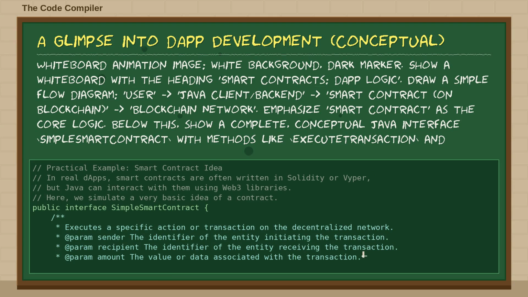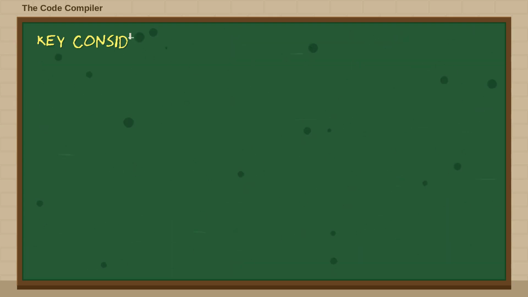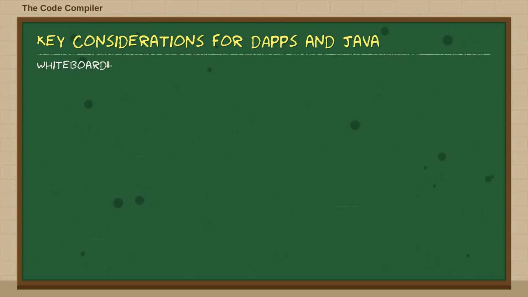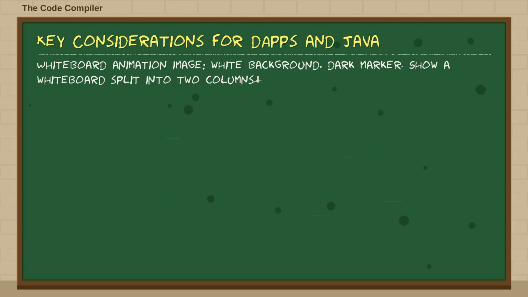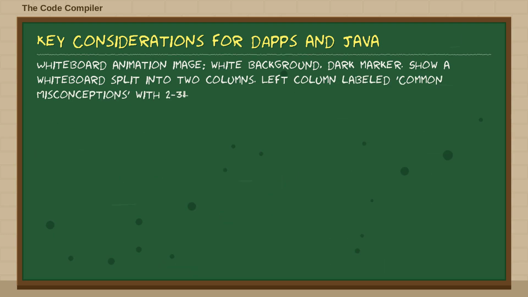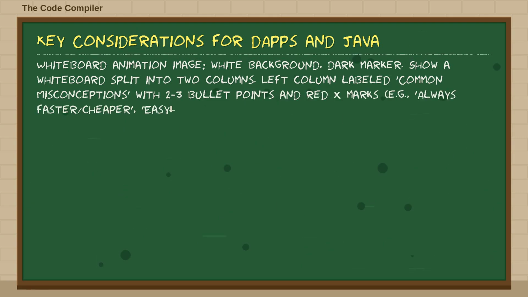No people. Landscape 16:9. Whiteboard animation image, white background, dark marker. Show a whiteboard split into 2 columns. Left column labeled common misconceptions with 2 to 3 bullet points and red X marks, for example, always faster, cheaper, easy to secure.